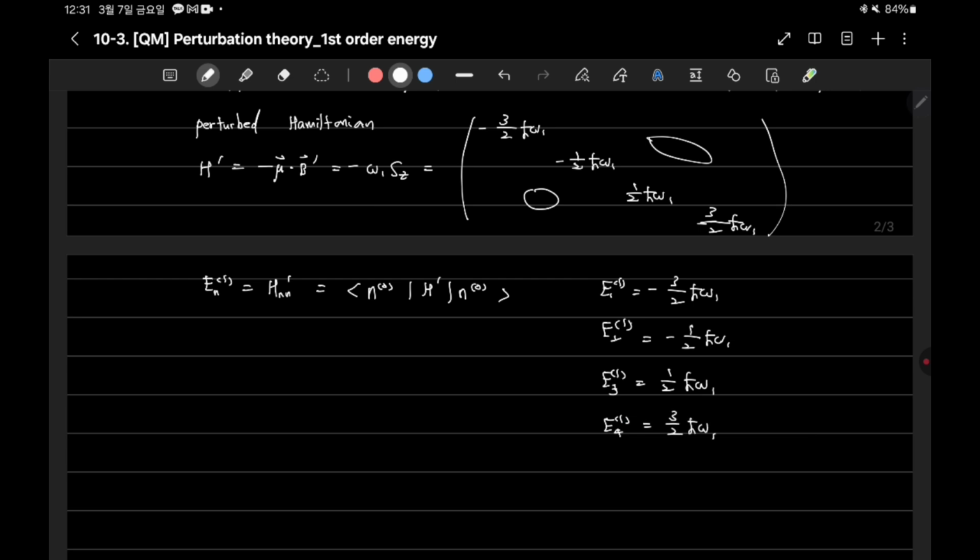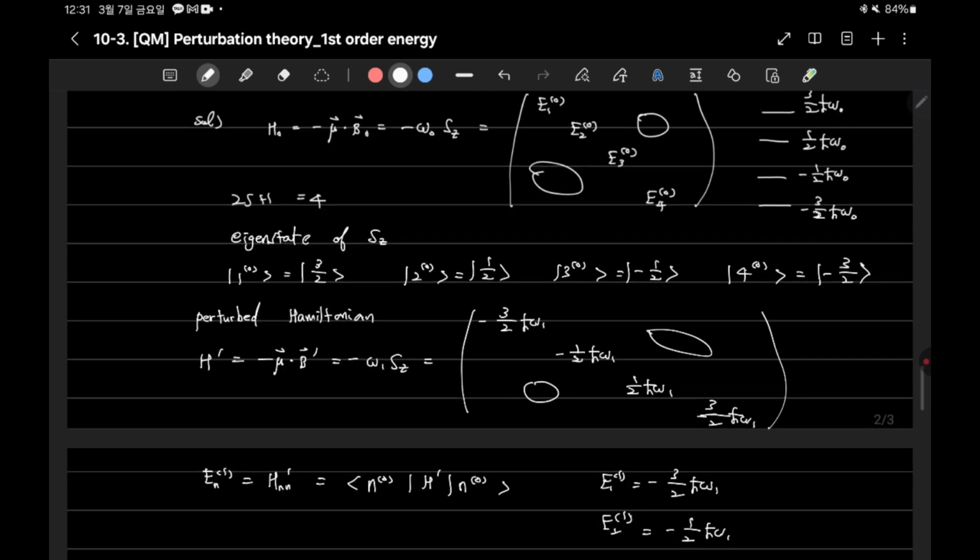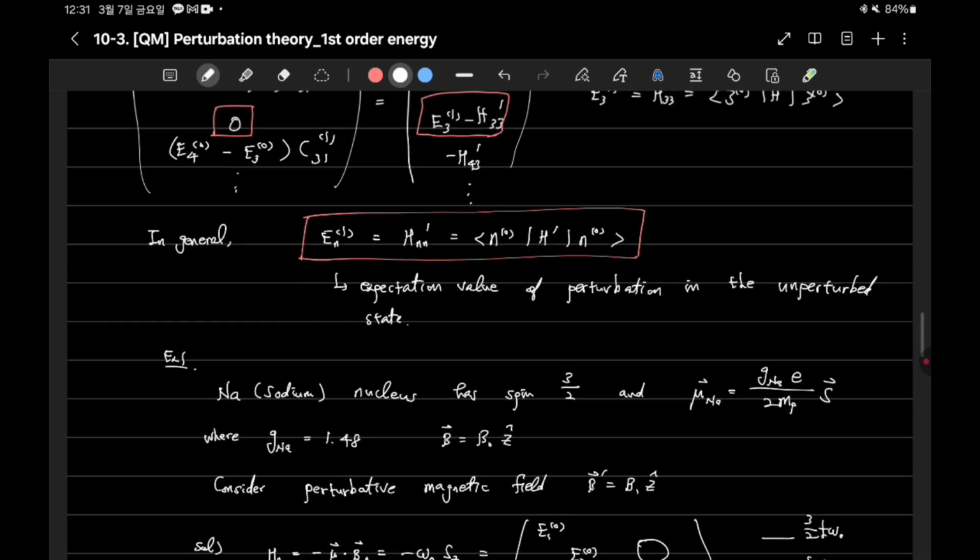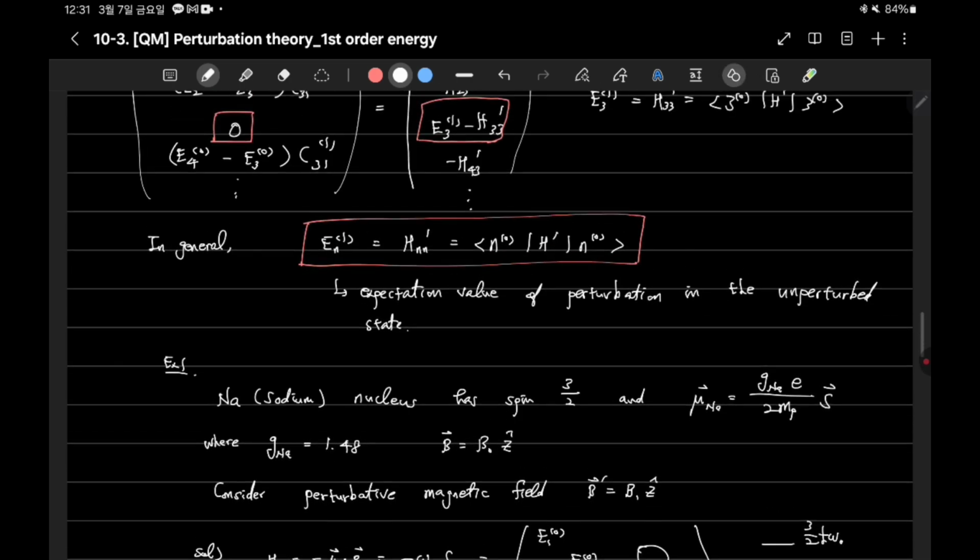And we should remember that the first order energy correction of the perturbed Hamiltonian is like this. It should be remembered.